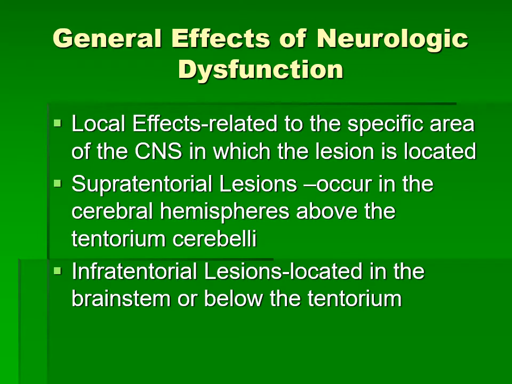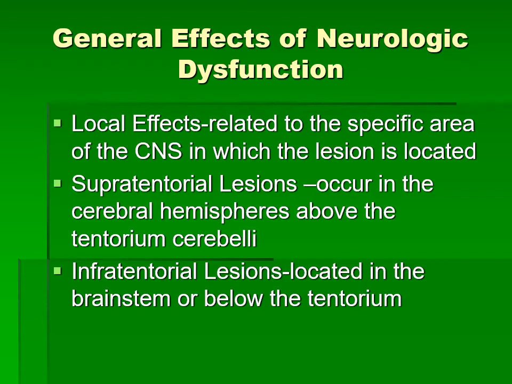Local effects depend upon the specific area of the central nervous system in which the lesion is located. Now remember that the central nervous system, we're talking about the brain and the spinal cord. Now, the tentorium is an area which is between the cerebrum and the cerebellum.